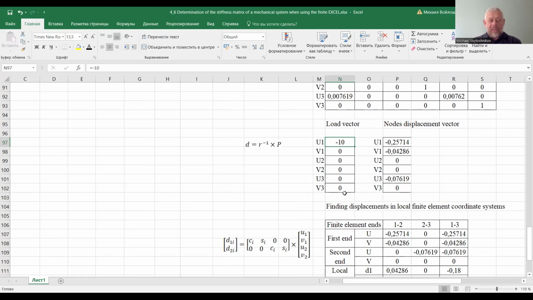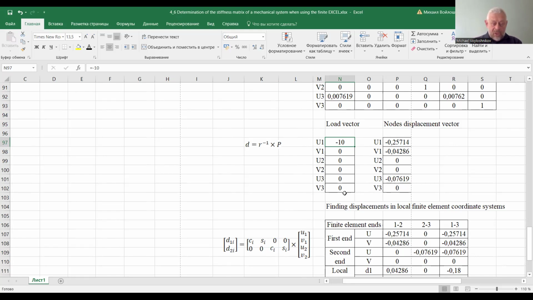Within the finite element method, we do not consider the distributed load acting on the finite elements, because one of the first steps when you use the finite element method is to transform all load, distributed and local loads, to the nodal load. So all forces have to be applied to the nodes of the connection of the finite elements, and the elements themselves are considered not loaded.